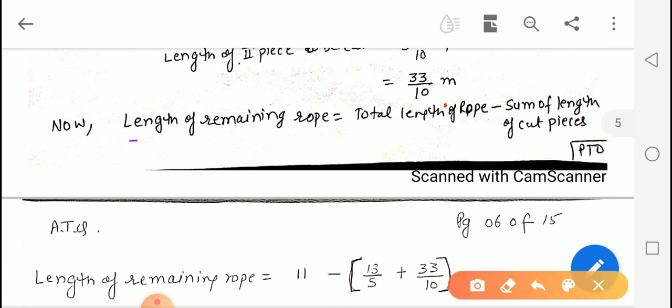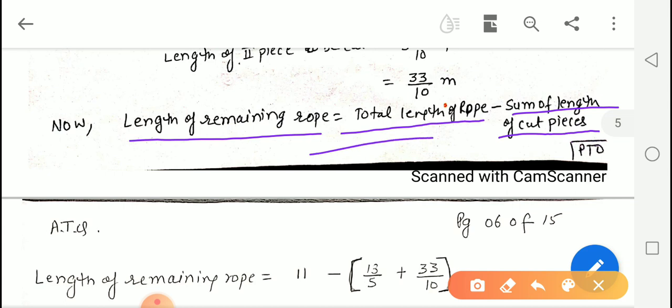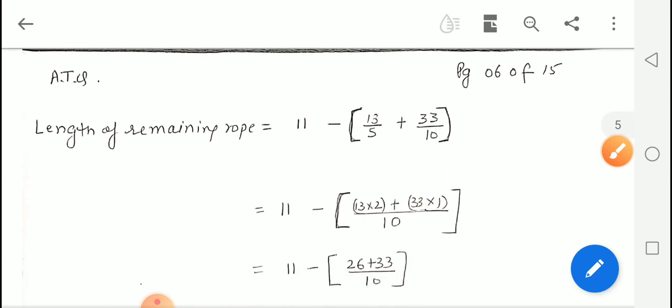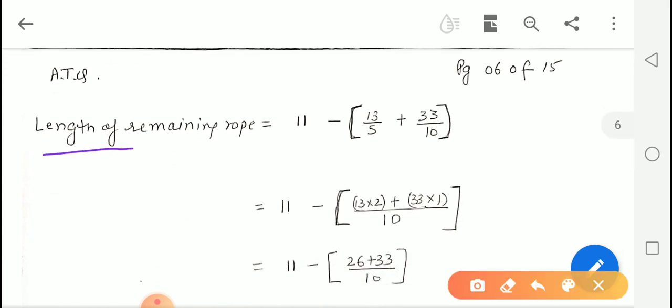To find the length of the remaining rope, we will subtract the sum of the lengths of the pieces to be cut from the total length of the rope. Now we put the numbers in this equation. The total length is 11 meters, the first piece length is 13 by 5 and the second piece length is 33 by 10.